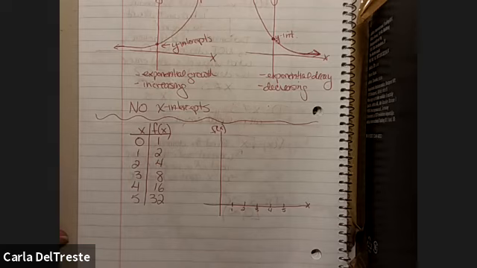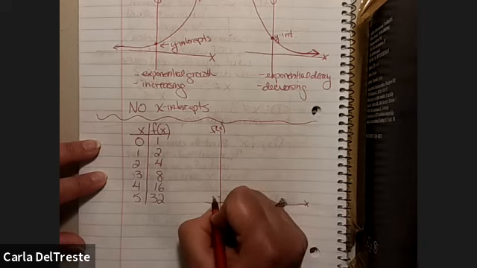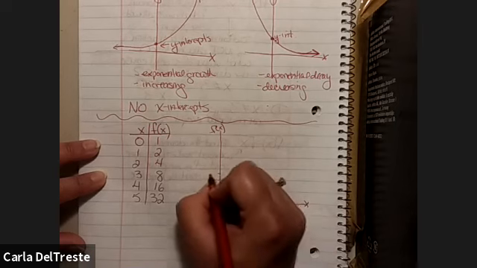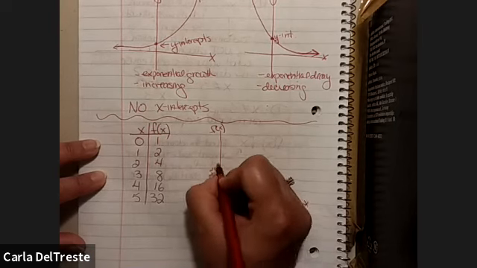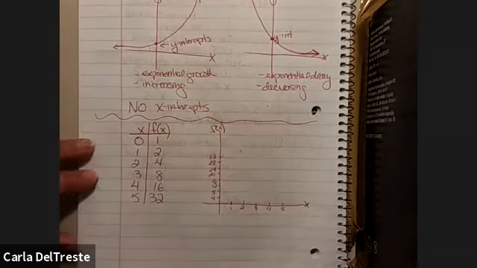So maybe I want to count by fours. Fours could work. Maybe I want to count by twos. That part's totally up to you. Let's see, we could do 4s. So we have 4, 8, 12, 16, 20, 24, 28, 32.